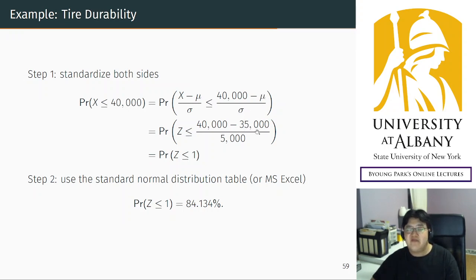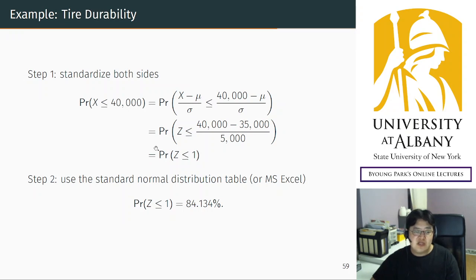So I will plug in the values into mu and sigma. Mu is 35,000, sigma is 5,000. So you know how to calculate that, and then it is 1. So in the end, this probability equals the probability of standard normal distribution smaller than 1.